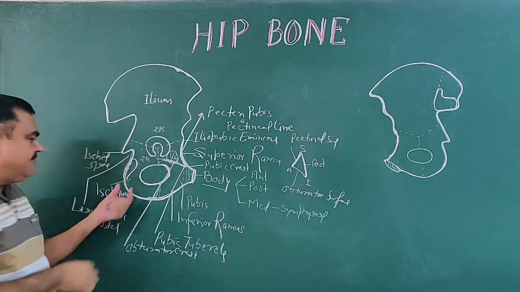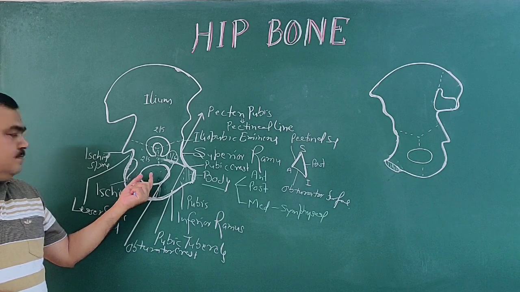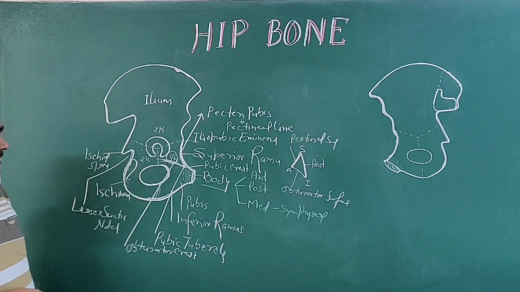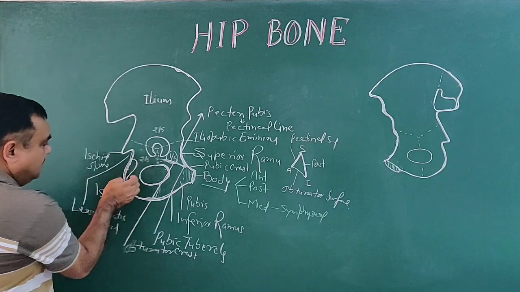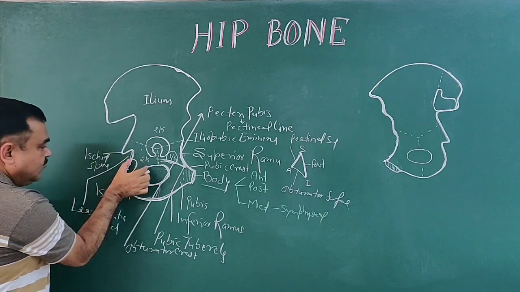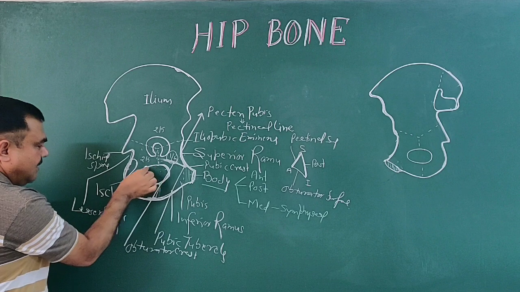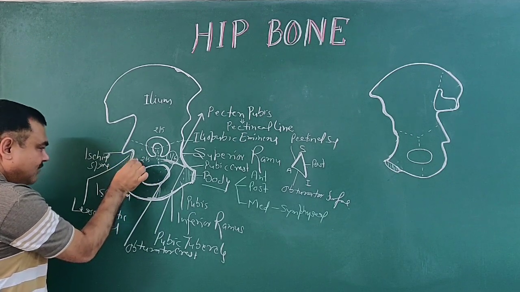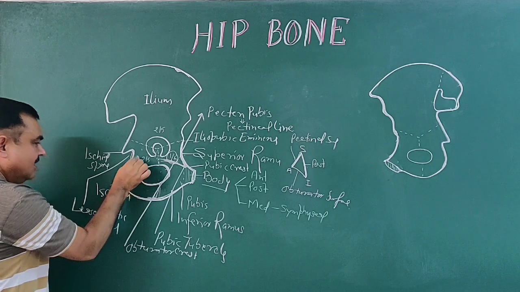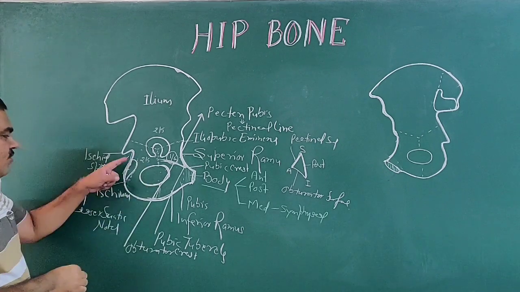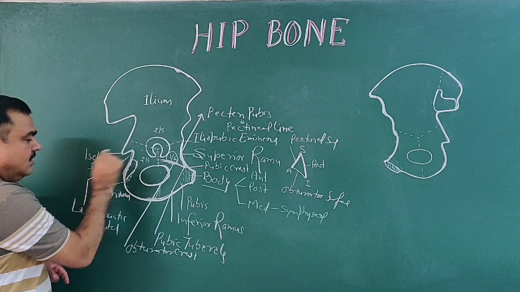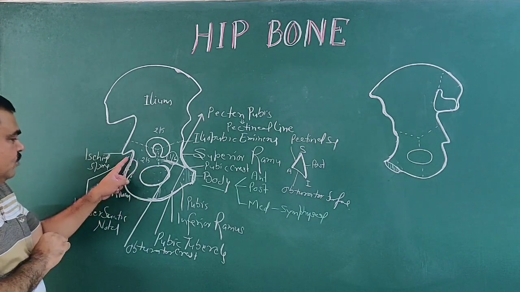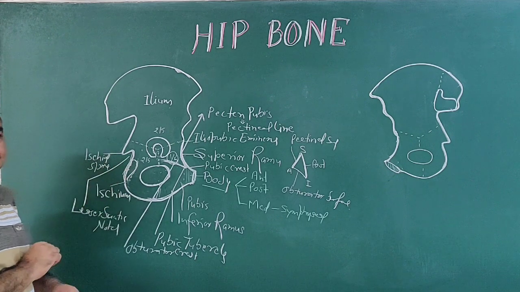The anterior border is formed by the posterior margin of the obturator foramen. There is also a lateral border, whose upper part is rounded. So there are anterior, posterior, and lateral borders.